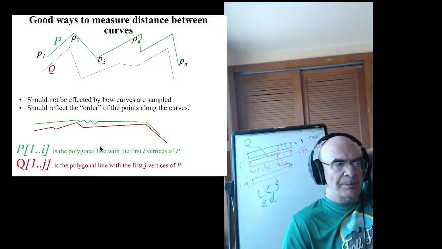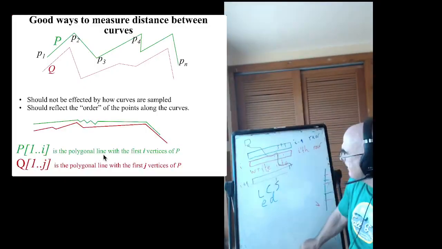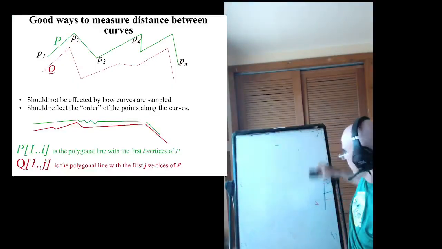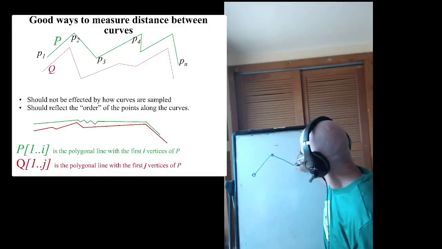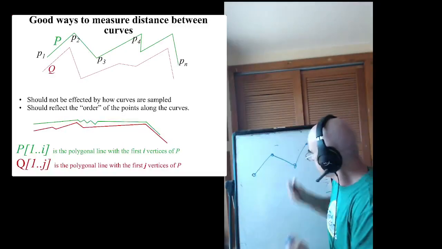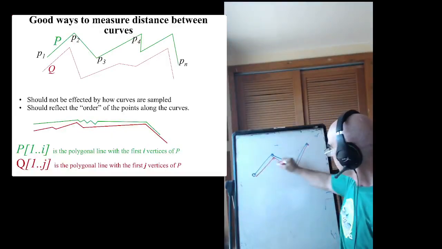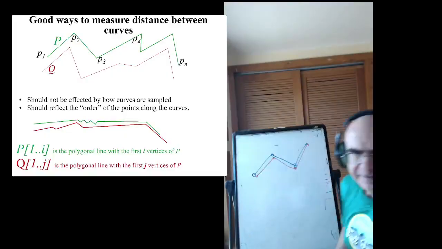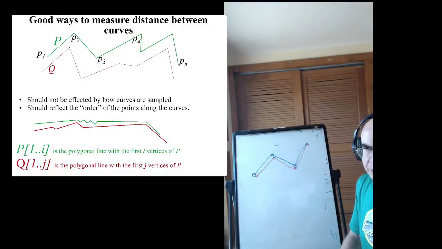So I need a way to compare one polygonal path to another polygonal path. And one naive way that might work and might not is to say that this polygonal path is very similar to this polygonal path because they have the same vertices in the same place, maybe with some gap between them. If the vertices are very similar to each other, then I'll say maybe it's the same polygonal path.